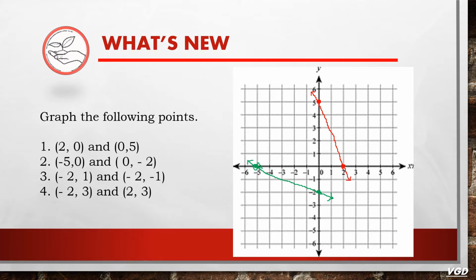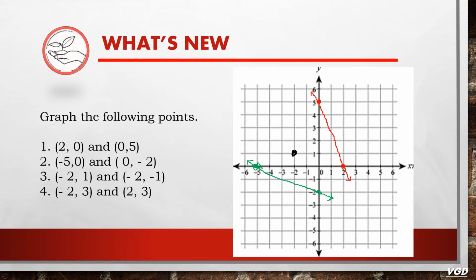For number 3, we have (-2, 1). Our abscissa is negative 2, so we're going to the left, 2 units. And since there is a value of the ordinate, which is 1, we're going up since 1 is positive. So here is our first point. Then it will be followed by (-2, -1).